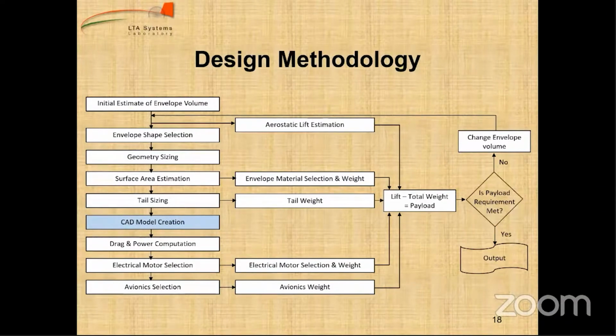It also provides the wetted area estimations and the parasite drag coefficient very easily. That's why I would suggest you create a CAD model geometry on OpenVSP. After creating the CAD model, we can compute our drag and power estimations.